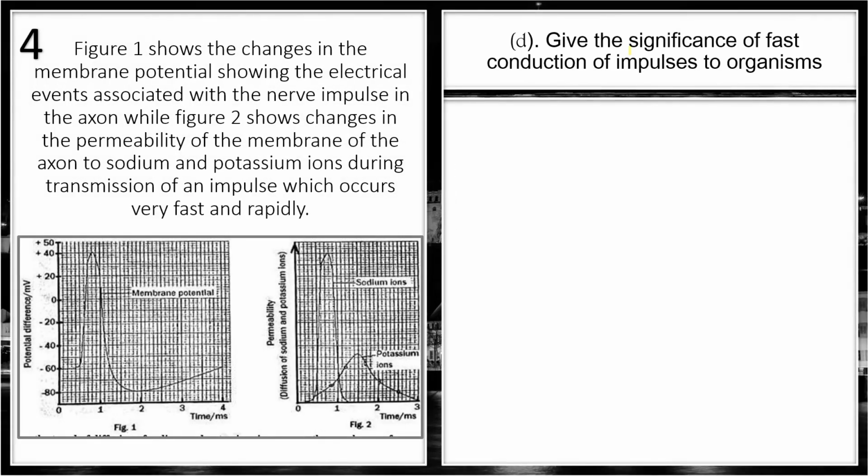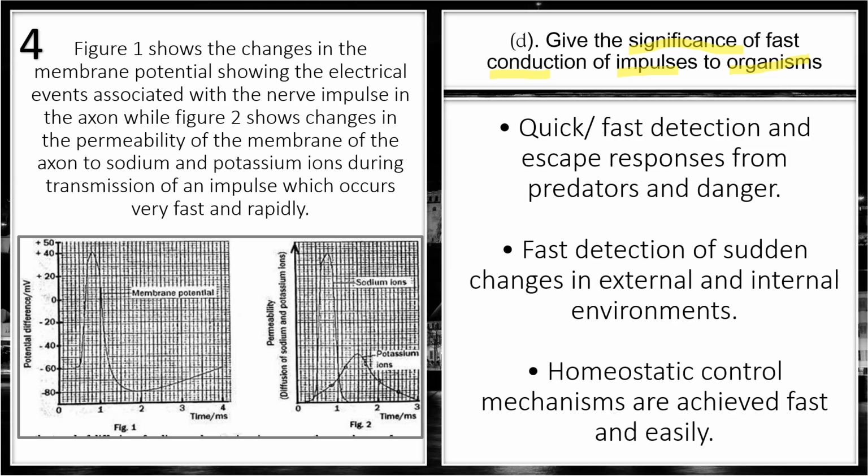Part D, give the significance of fast conduction of impulses to an organism. Quick and fast detection. It helps it to escape from predators or dangers. With fast conduction, there is fast detection of sudden changes in the external and the internal environment.